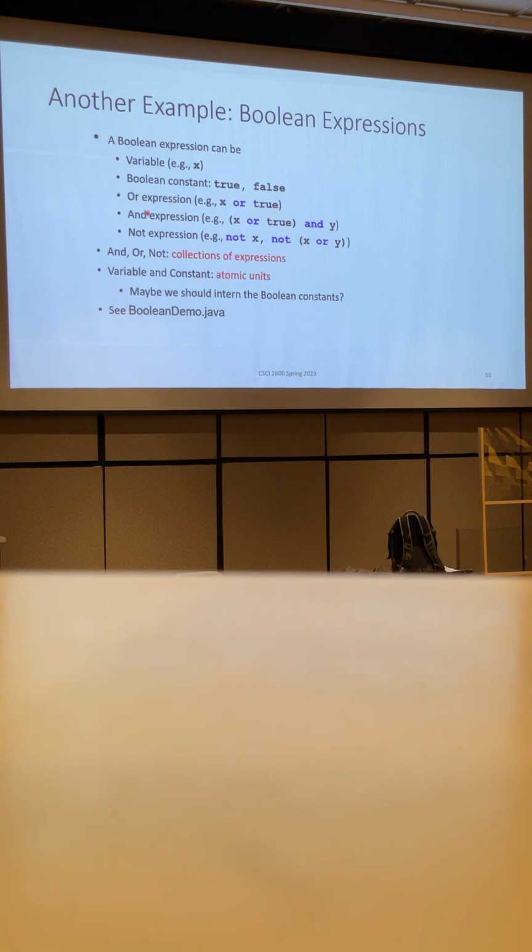So we have or expressions, and not expressions. They, in turn, are composites themselves. And or and not are collections of expressions, whereas variable and constants are leaves. They are atomic units. They do not consist of anything else. They're sort of terminal.